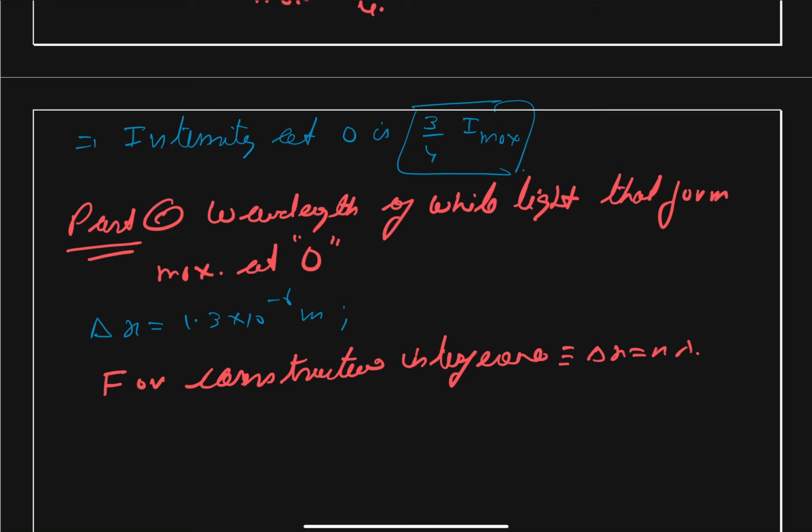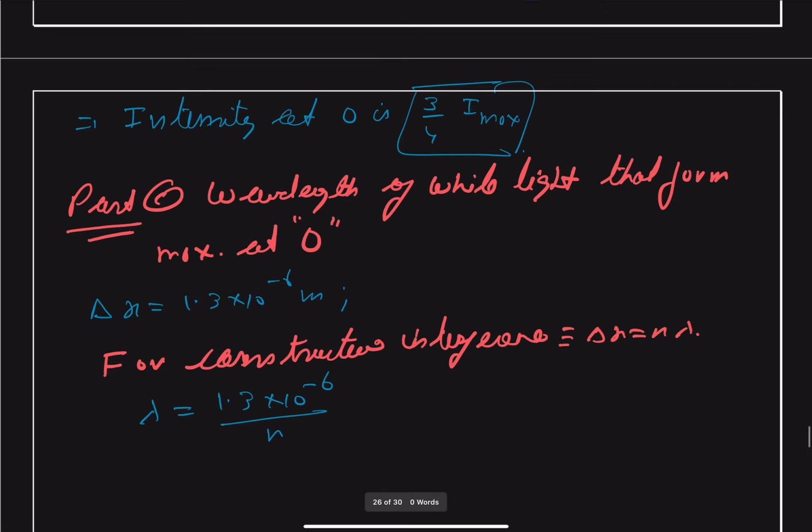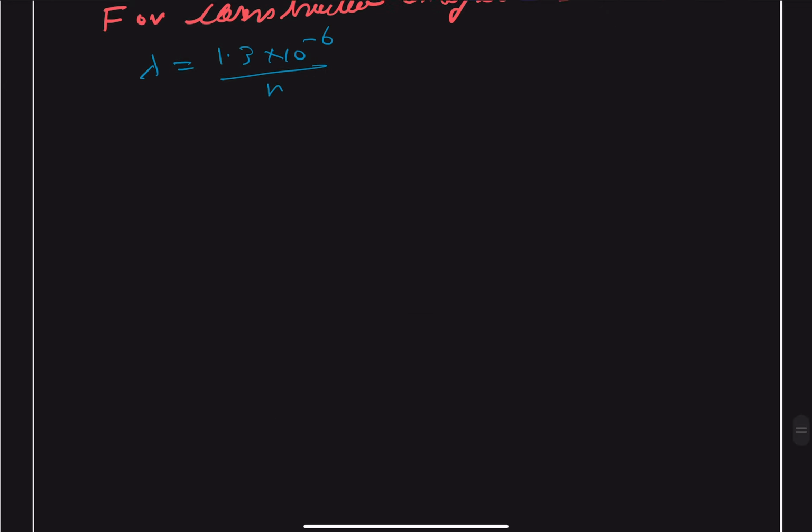Okay. So we can say that our lambda will be equal to delta x, 1.3 into 10 to the power minus 6, divided by n. So one by one we are going to take the various values of n and try to find out what will be the lambda which actually forms in the visible range.